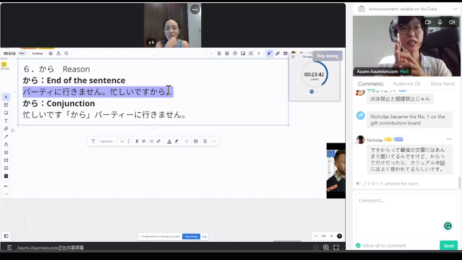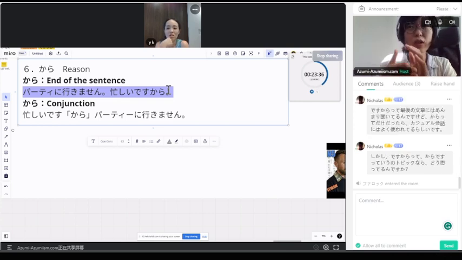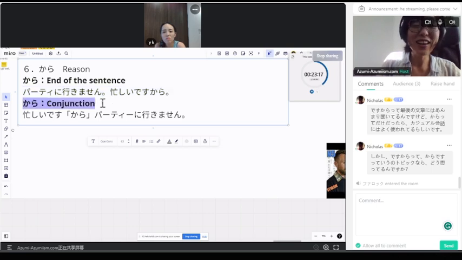Yes, the Genki textbook introduced this grammar probably because at this point they wanted to give the students the grammar of reason, a way to describe your reason. That's why they introduced this one, but they cannot introduce the other one. Why?